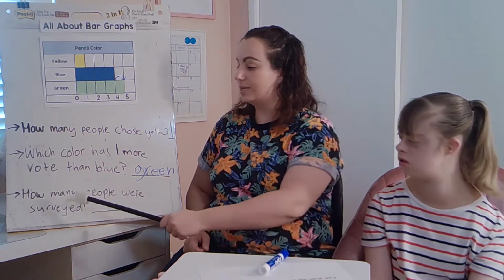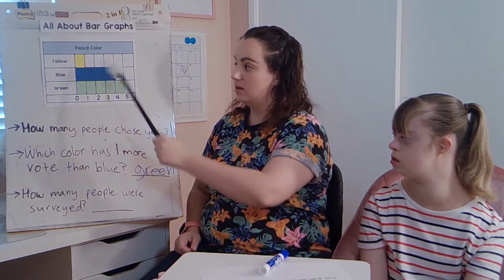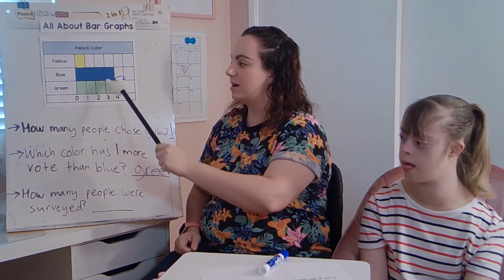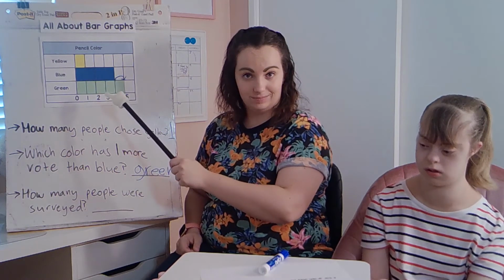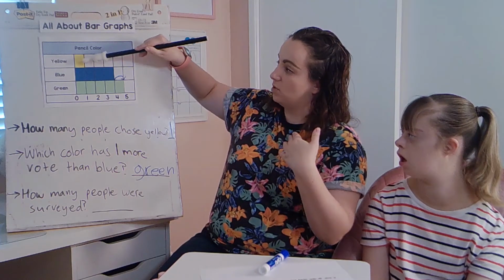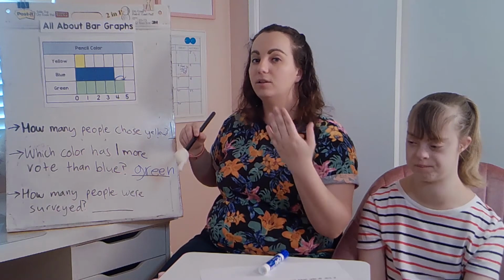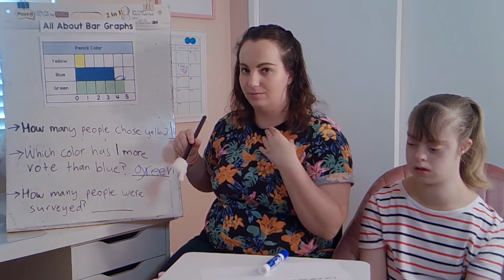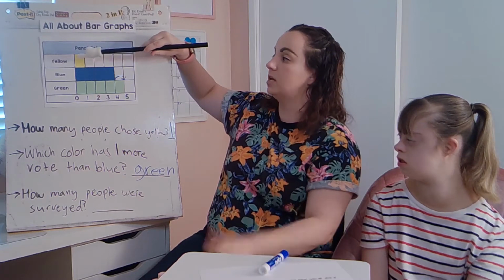For questions like this, you're going to count up or add up all the bars, all the people who voted. So let's count each bar that someone voted for together. All the colored bars or boxes we count. Ready, set, count with me.